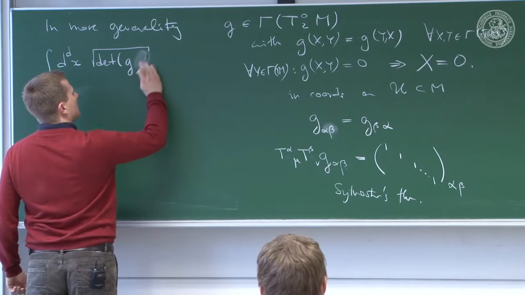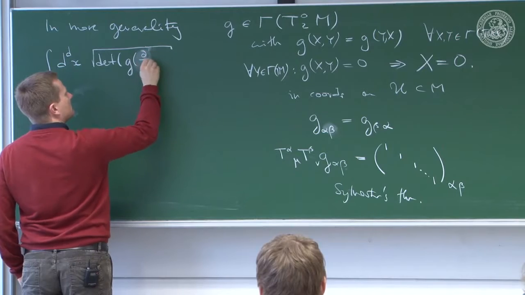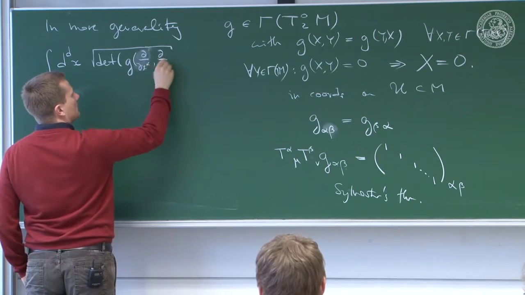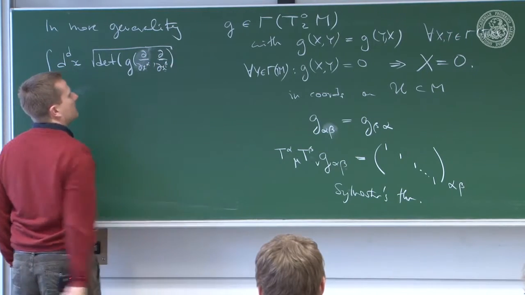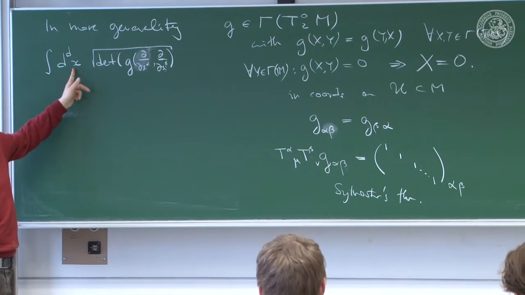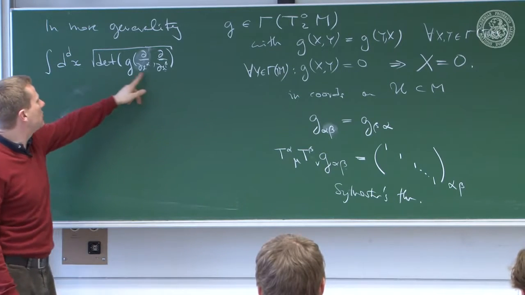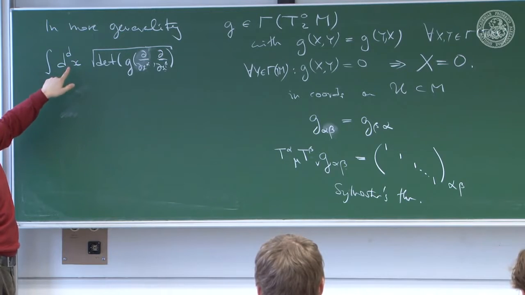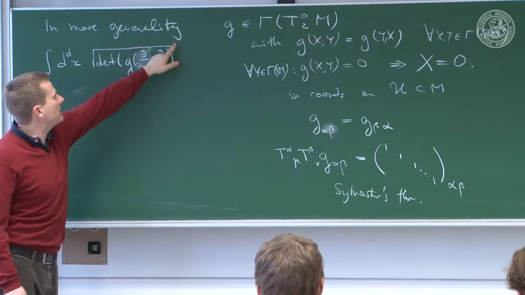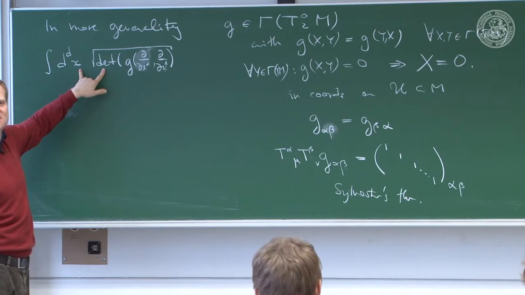However, it picks up precisely those extra terms. So I should make these components down here explicit. These are the components with respect to a particular coordinate system, and I choose the same coordinates I choose here for integration in the chart. Now, the interesting thing is, if you change coordinates here, you will pick up a Jacobian factor, but you'll pick up the inverse factor from this expression, and so the Jacobian factors cancel.